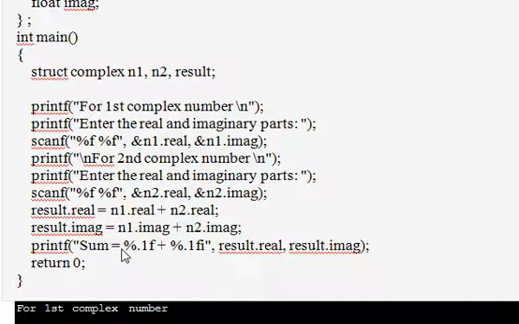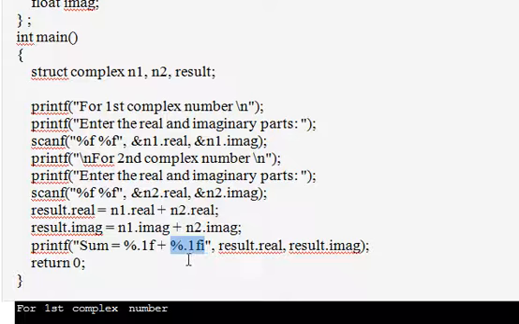Next, to print the resultant complex number, I am writing a printf statement like sum is equal to percentage dot 1 f. Percentage dot 1 f means it prints a float value, and dot 1 means that after the decimal point it prints only one digit.